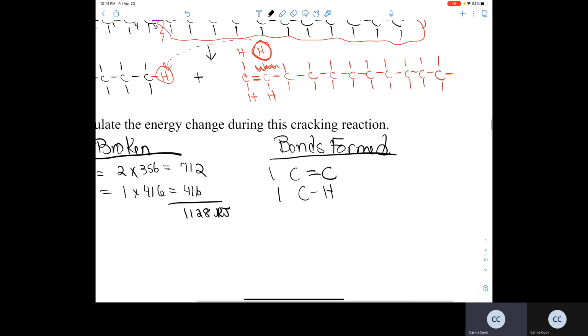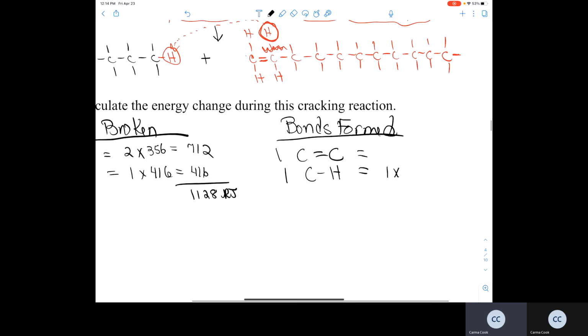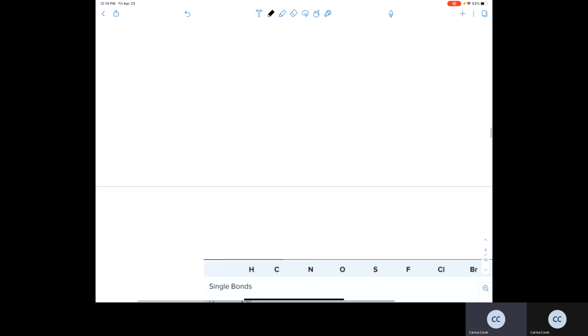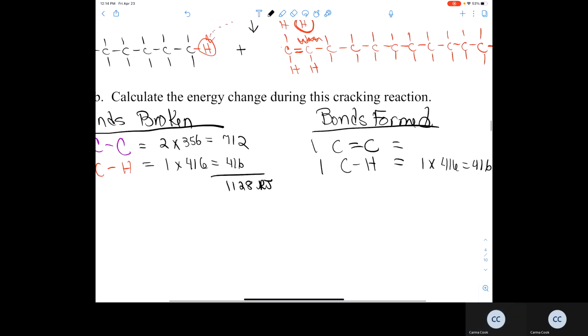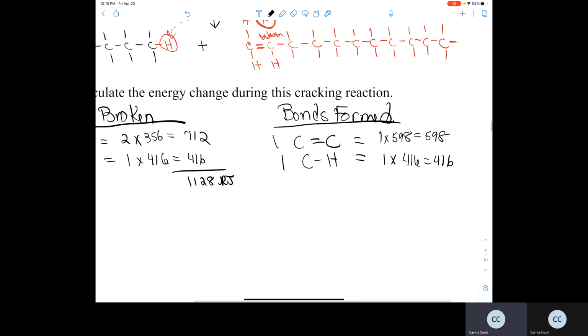And then the bonds formed. Again, a C-H bond is 416. A C=C double bond is 598. And then add those together. You get 1,014. And bonds formed, remember, is exothermic, so we've got to put a negative sign.